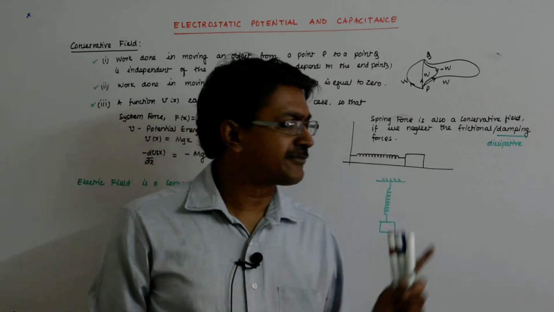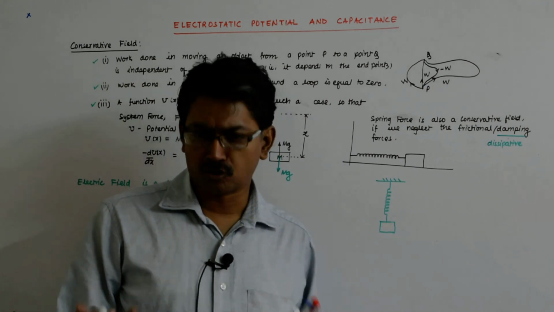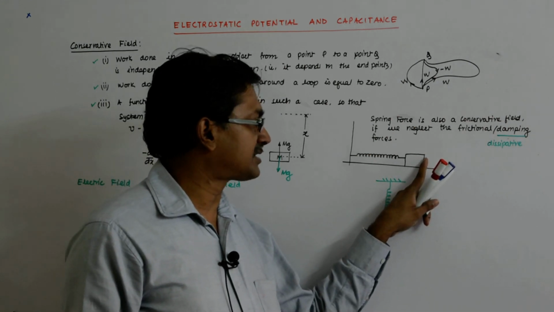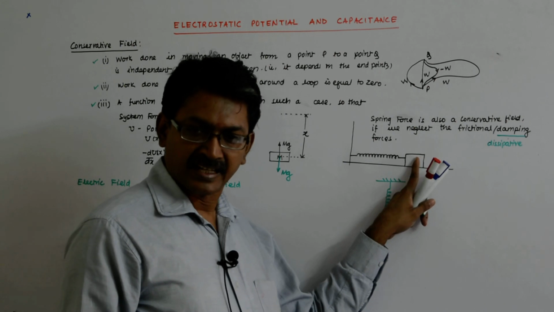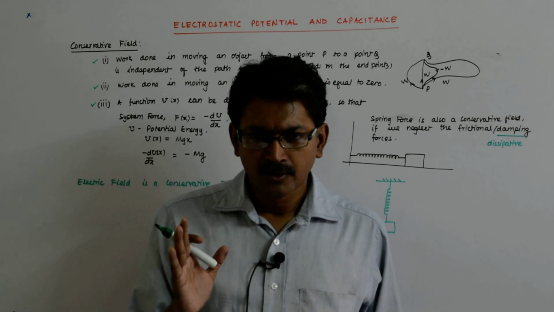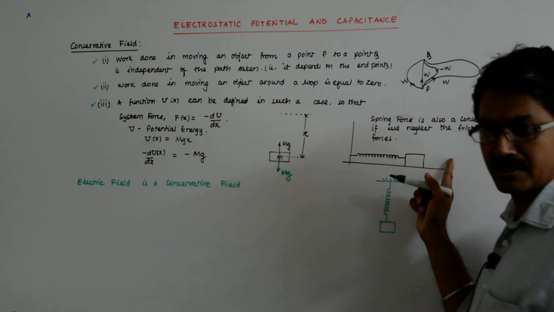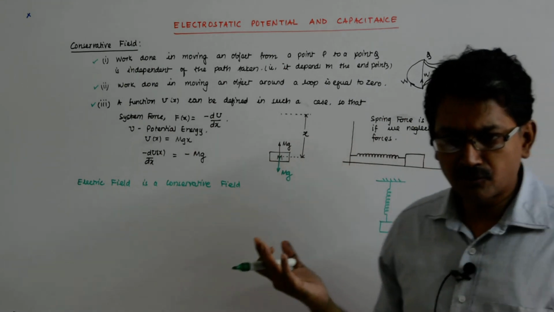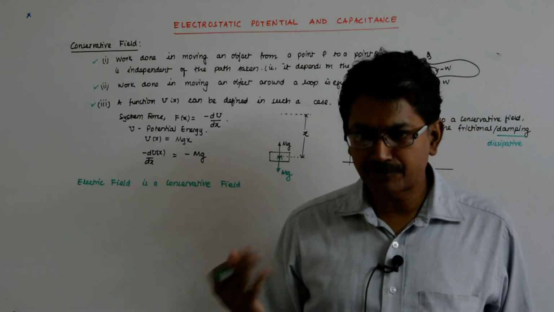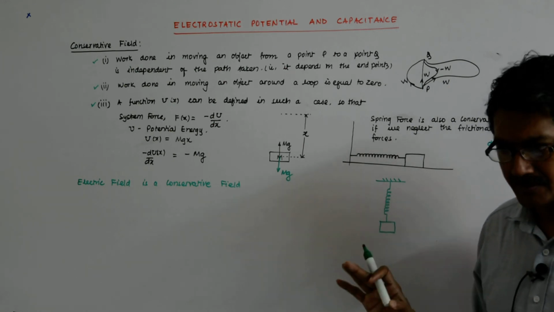But not so if there is friction, because some of the energy gets wasted in overcoming the forces of friction, and gradually we find that it stops. Here it is working in a loop, it comes back to the same position, but the work done is not zero. If it was absolutely zero, then it should have come back to the same position, no energy wasted. Understand?